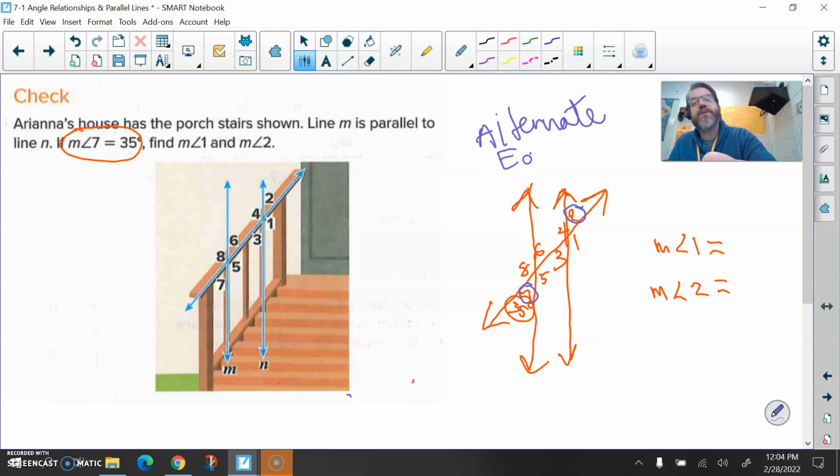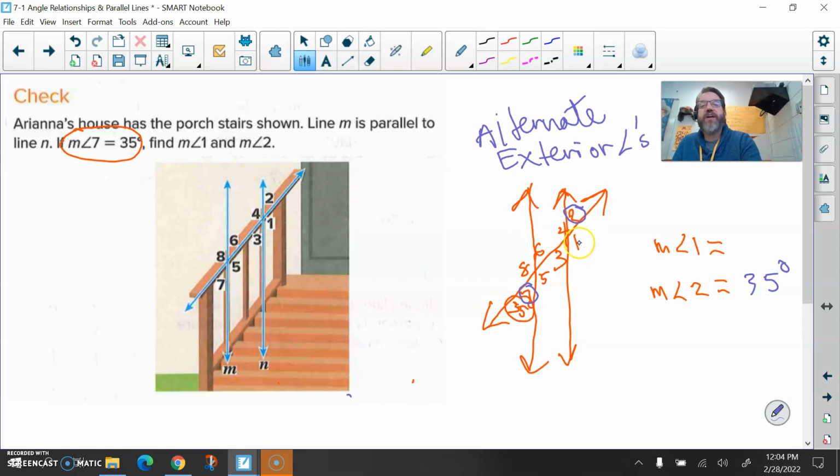They're exterior angles because they are outside of the parallel lines, and they're on alternate sides of this transversal. 7 is below the transversal, 2 is above the transversal. So those are alternate exterior angles, which by definition have the same measurement. They're congruent. So I know angle 2 is going to be 35 degrees. It has to be the same as angle 7.